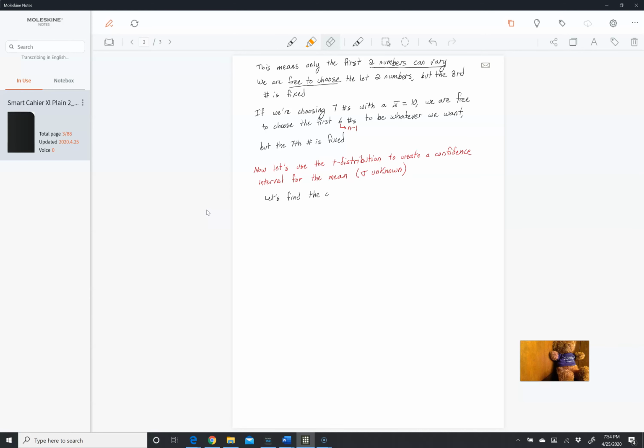So we're going to start with what we call the critical value for t. This is t sub c. It's similar to z sub c. It's the area under the curve.